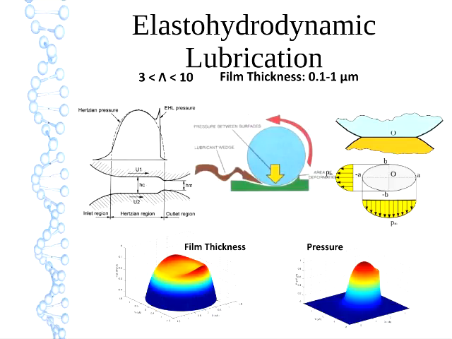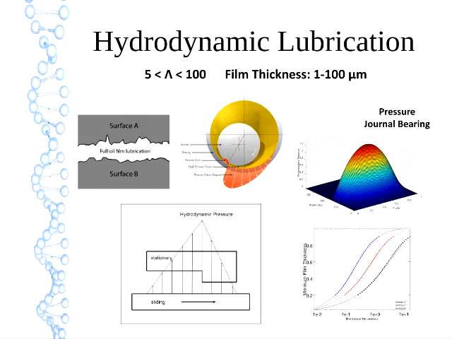Next, we are going to discuss hydrodynamic lubrication. Here, you notice it's the same as the previous regime, except there's no elasto at the beginning. This means that the elastic gives us a clue about the elastic deformation. It's not important here, and that's the primary difference between these two slides.